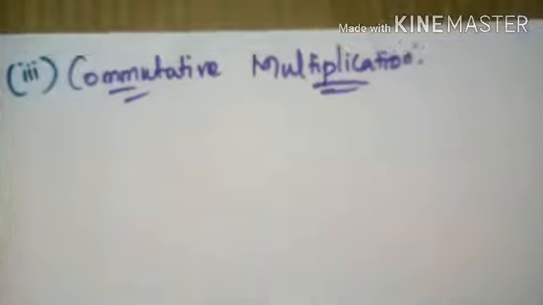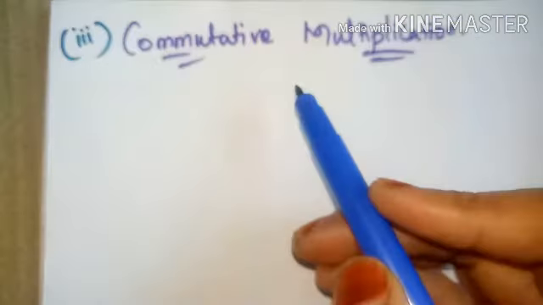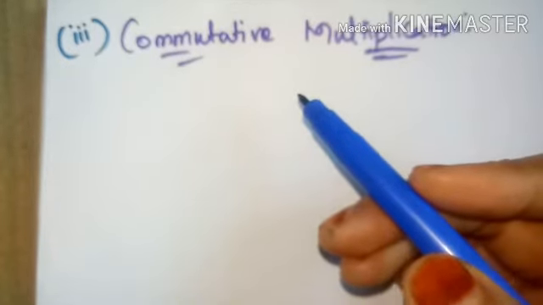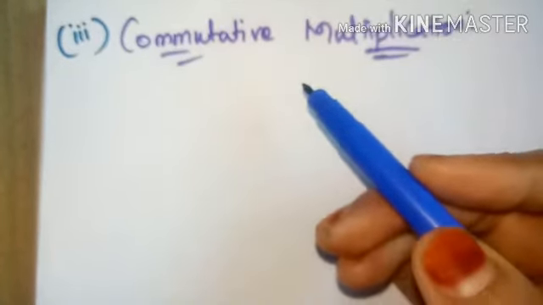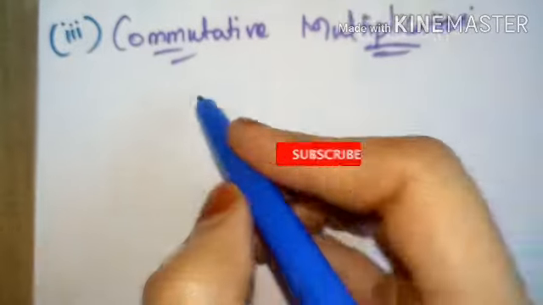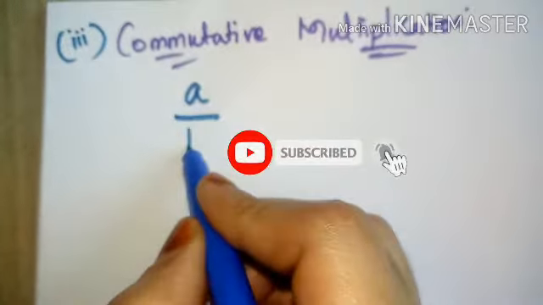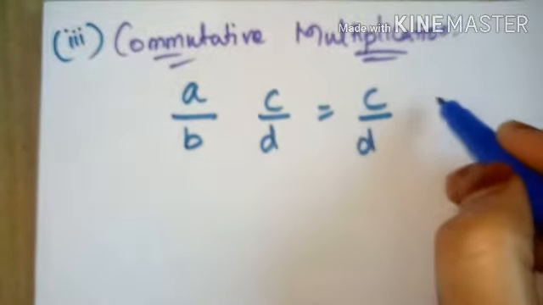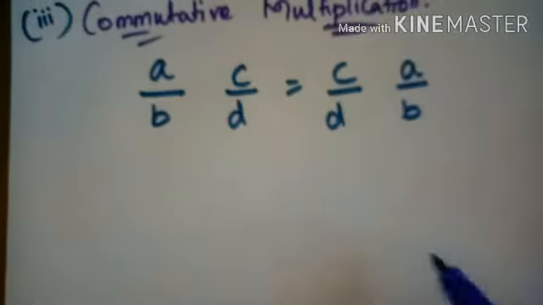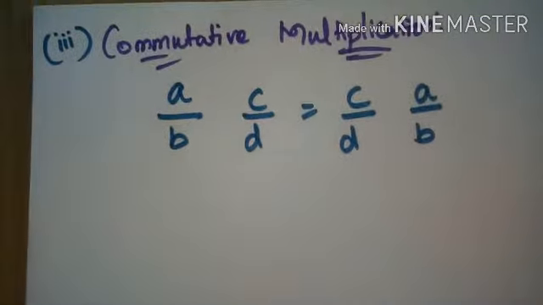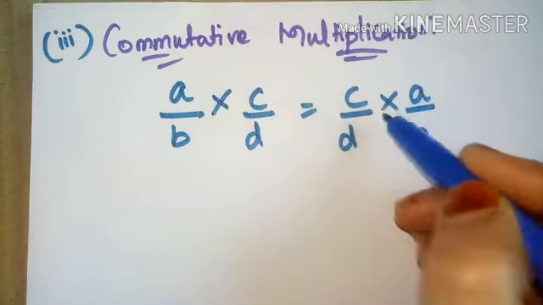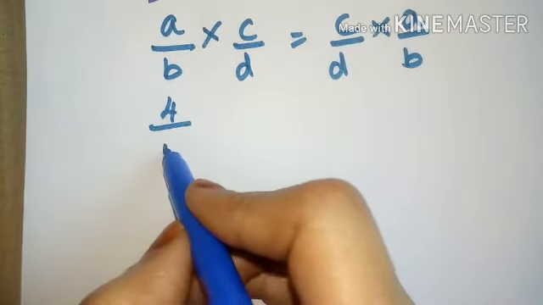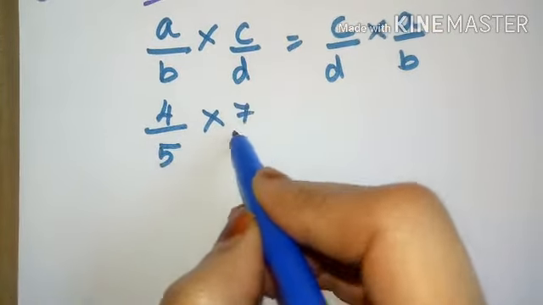Next we are going to see the commutative property of multiplication. Already we have seen the commutative property of addition and subtraction. Now multiplication. We write the two fraction terms: A upon B and C upon D is equal to C upon D and A upon B, with the multiplication symbol. Take any two rational numbers: 4 by 5 into 7 by 5.